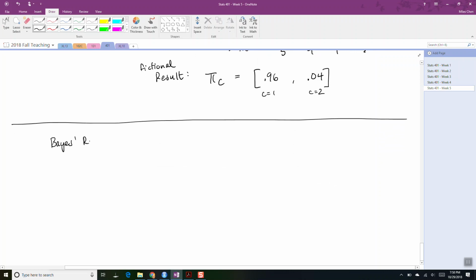I don't know if you guys remember your probability notation.